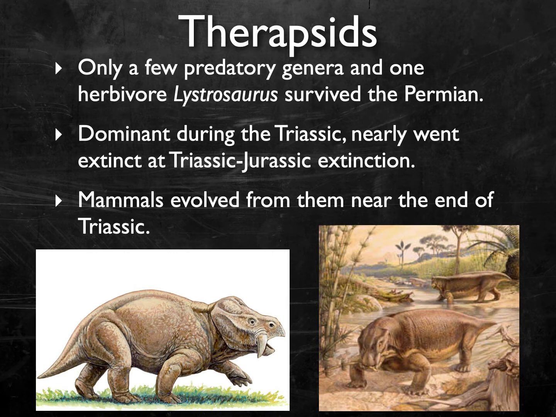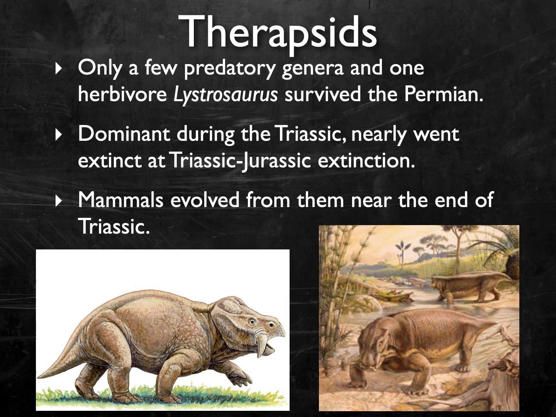And then from this line evolved the mammals that all become essentially really vertical legs, right underneath the bodies. So we'll see that happen for the mammals. These things were dominant during the Triassic. They almost went extinct.